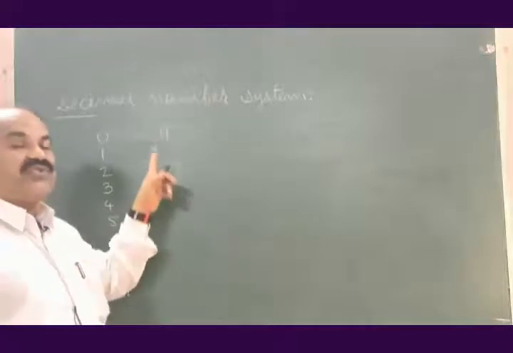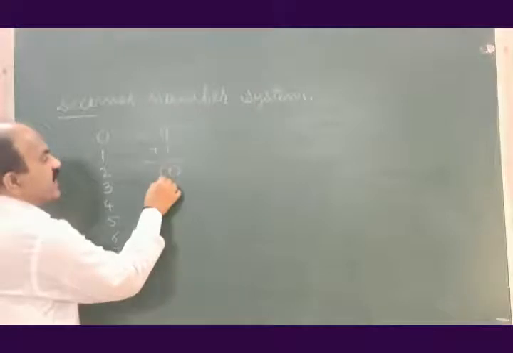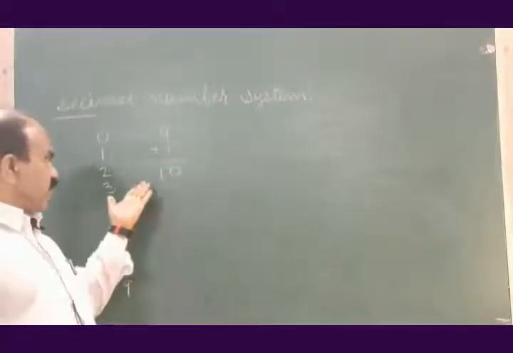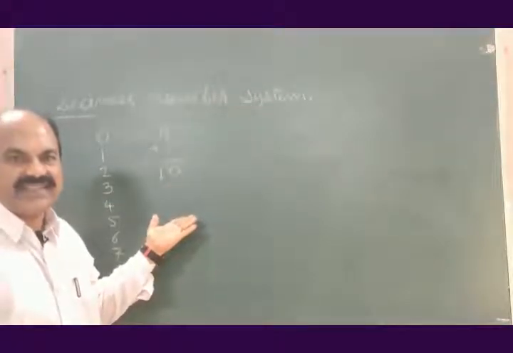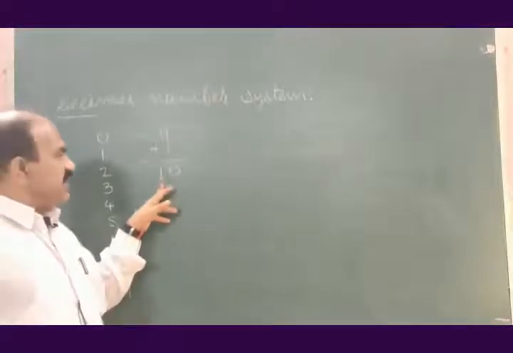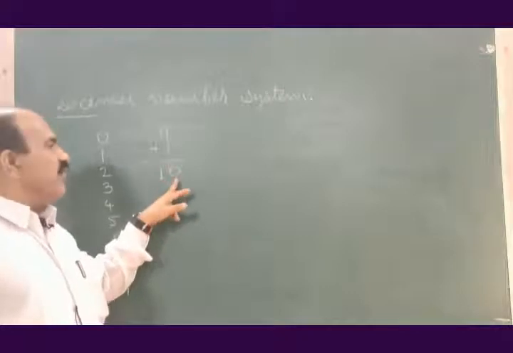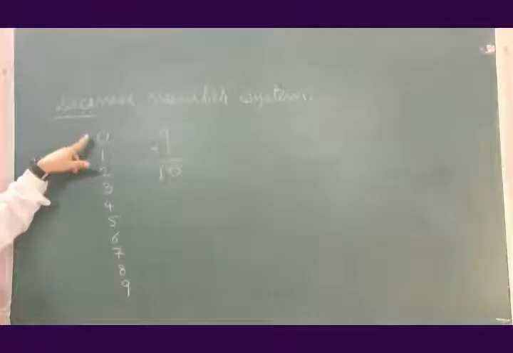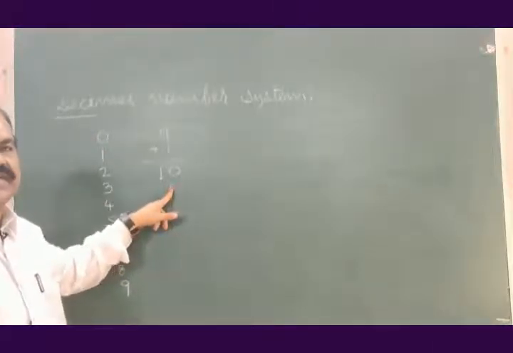When it resets to 0, at the same time it sends carry to the higher position, and so 10 in decimal number system is second digit followed by first symbol.